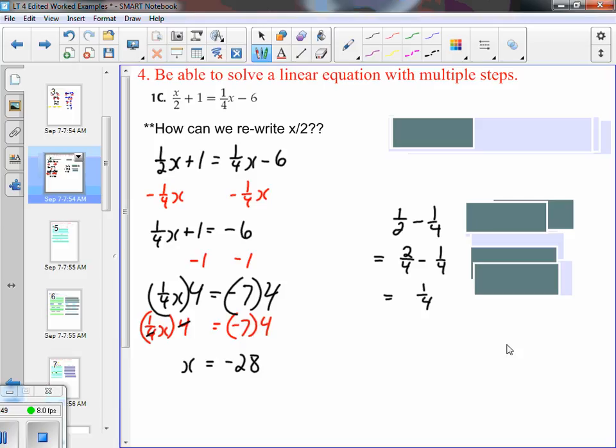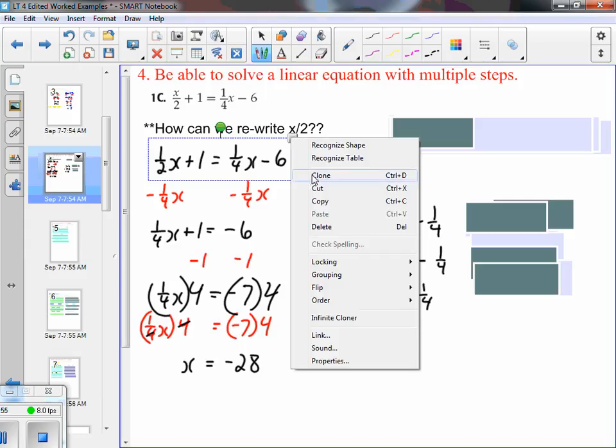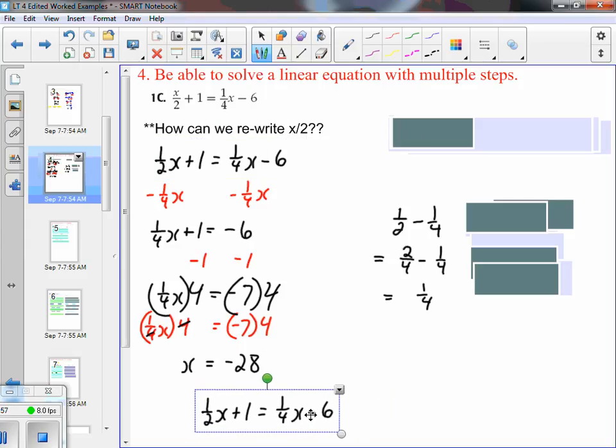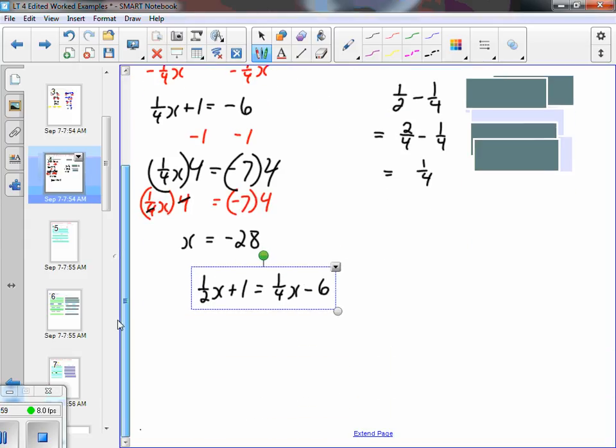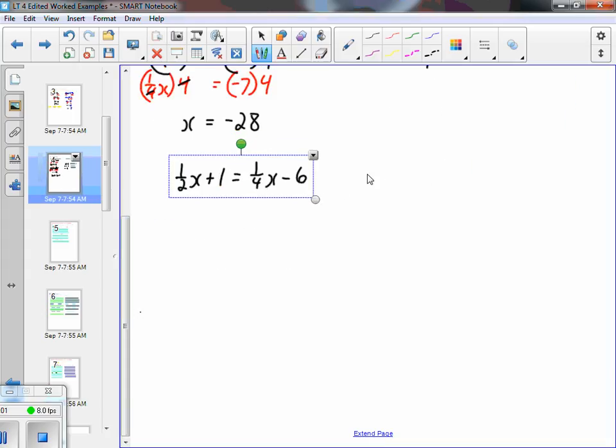And I'll tell you what else you can do for this one. This way that I just showed you is probably the shortest way, but I'm not sure it's the easiest way. If I take this same problem, we all kind of groaned when we saw the fractions, right? Let's eliminate the fraction. And you do that by multiplying.